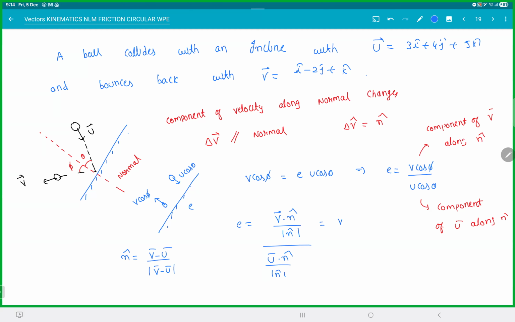So this will become v bar dot (v bar minus u bar) by u bar dot (v bar minus u bar). So this will be v square minus u bar dot v bar by u bar dot v bar minus u square. Come on. That's your formula for restitution.